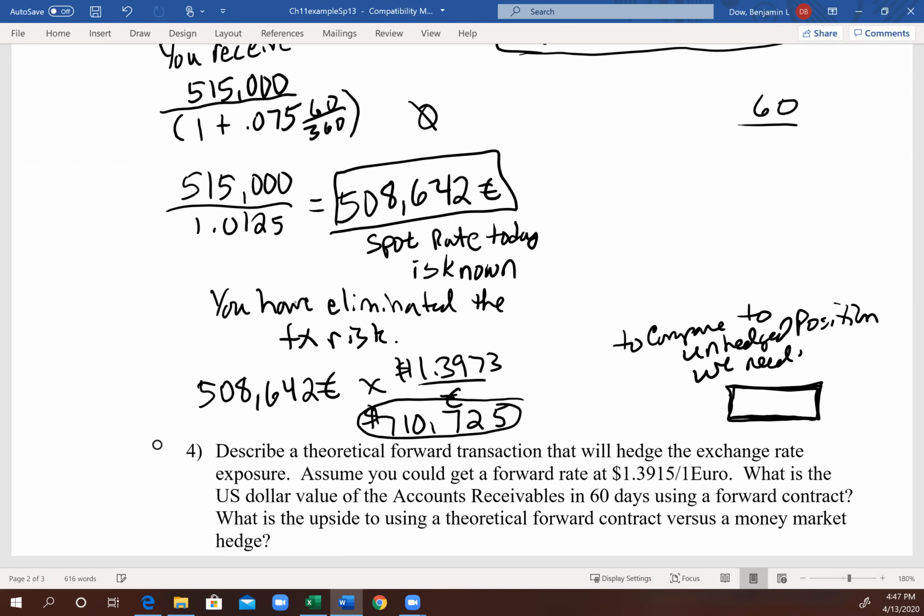We need to use day 60 to day 60. Okay. So what we need to do is take this money and buy a money market security denominated in dollars.